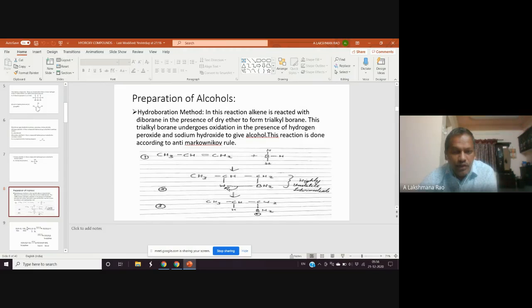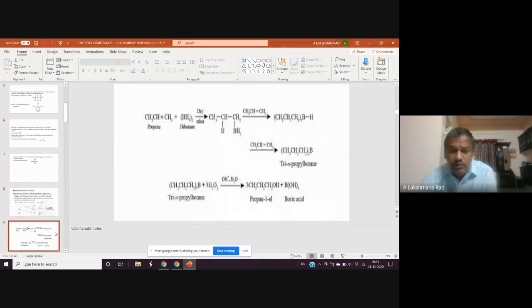So this propene is attached to the double bonded carbon atoms like this in the transition state, and we are getting propyl borane, and this propyl borane again reacts with another propene to form dipropyl borane, and this dipropyl borane again reacts with another propene molecule to form tripropyl borane.